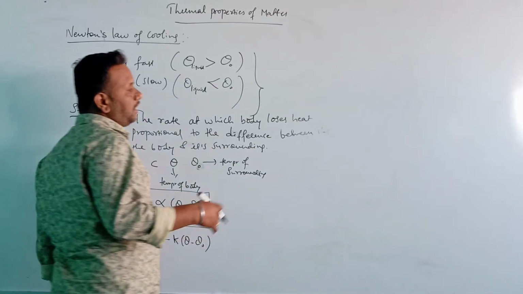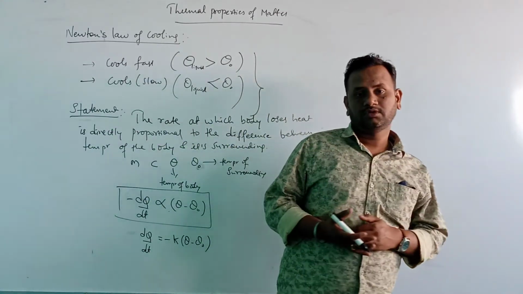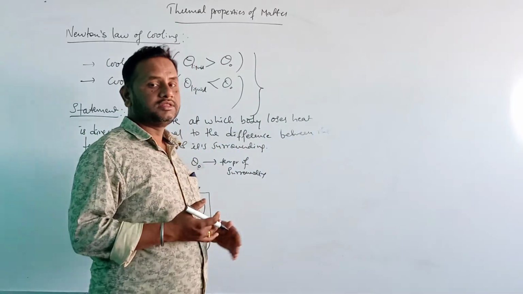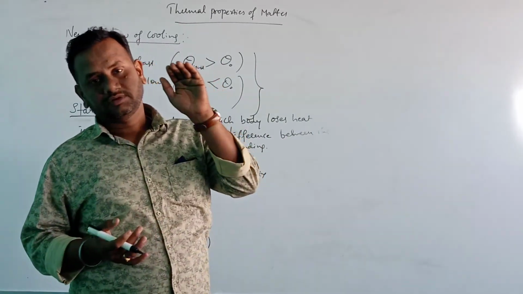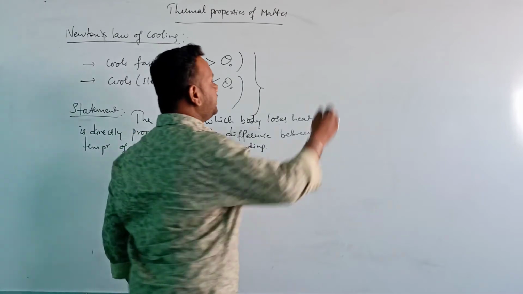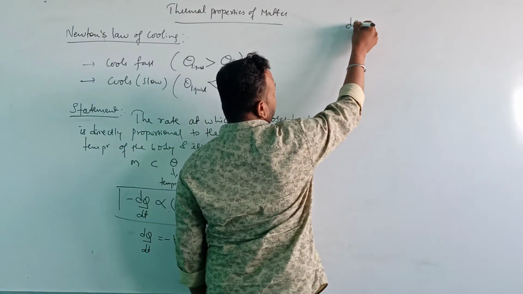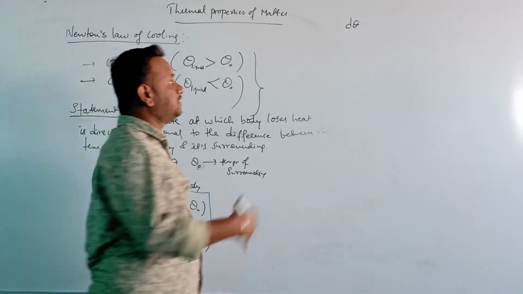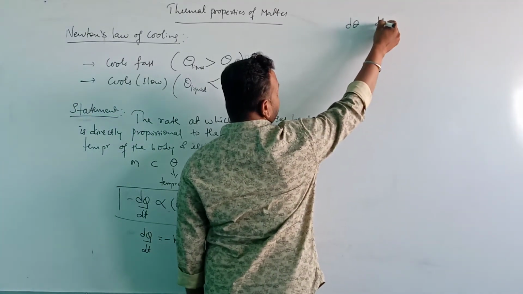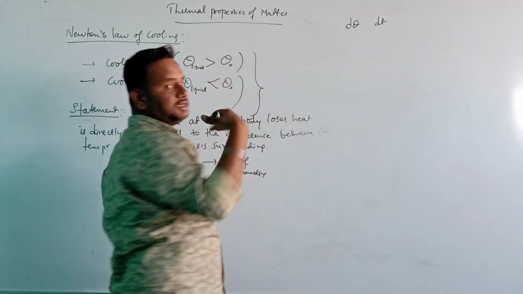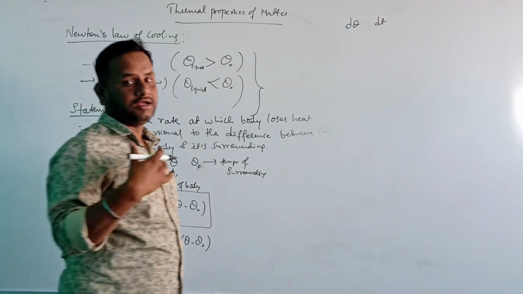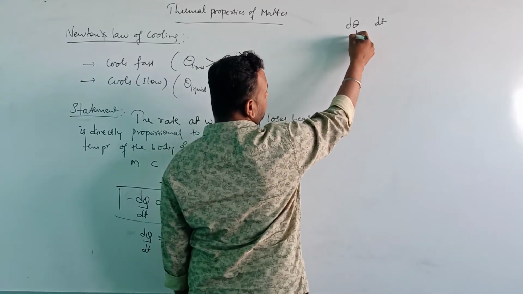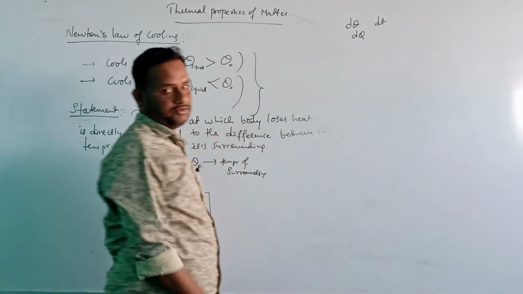Now after some time, we observe that there is some decrease in the temperature. Here d theta is the decrease in the temperature, and dt is the time in which the temperature is decreased by d theta and the heat lost is dQ.